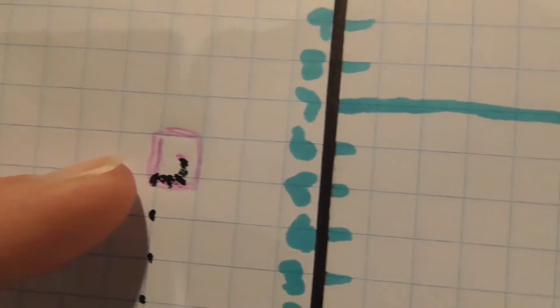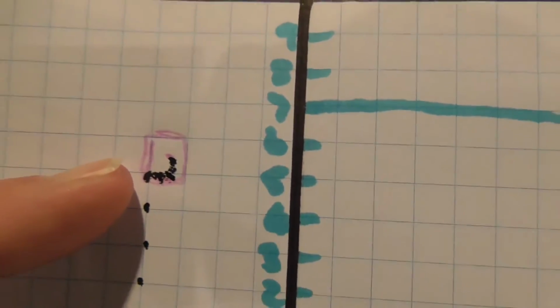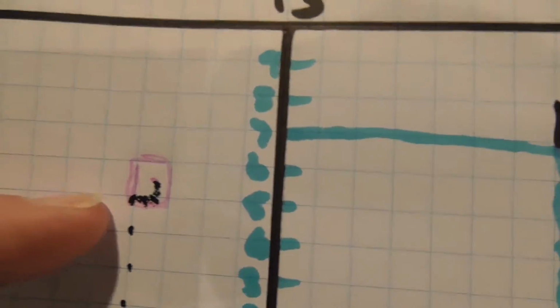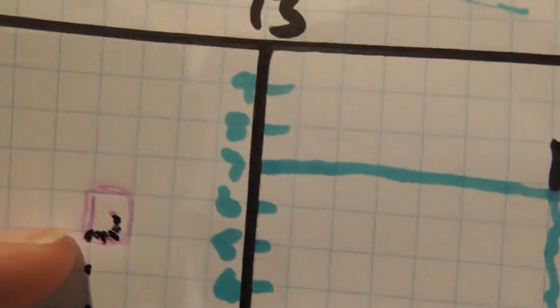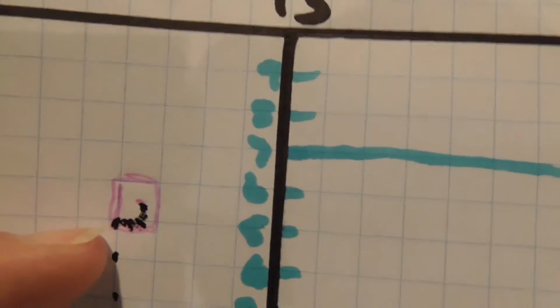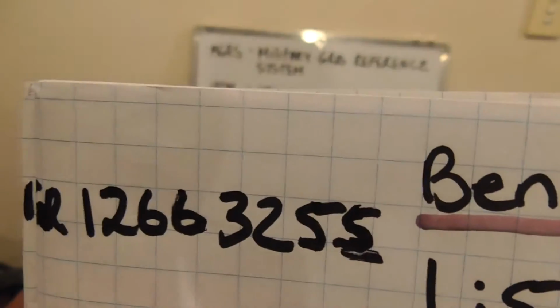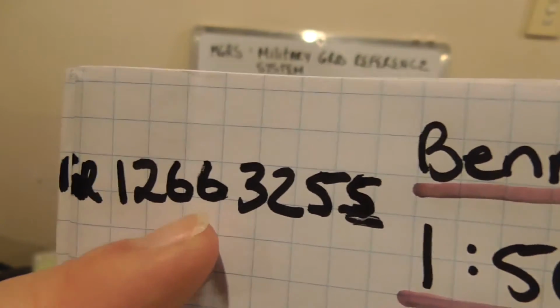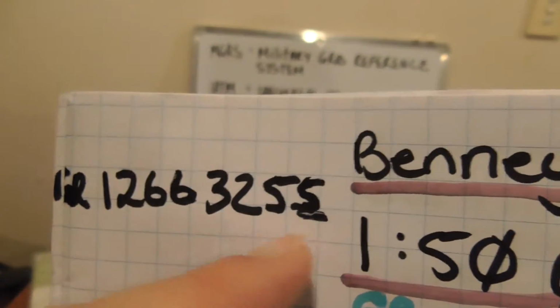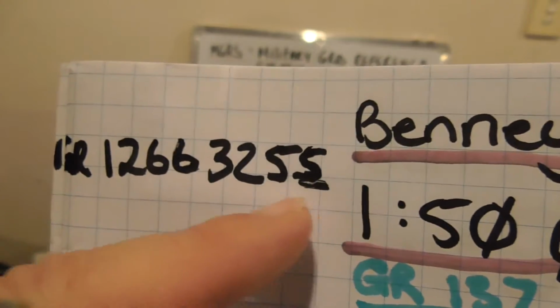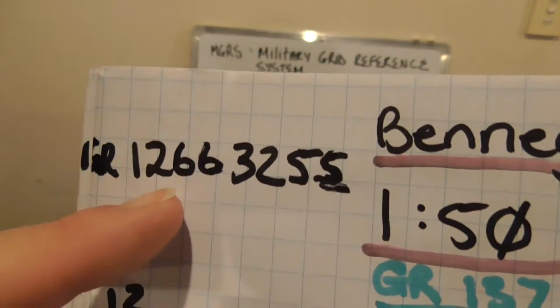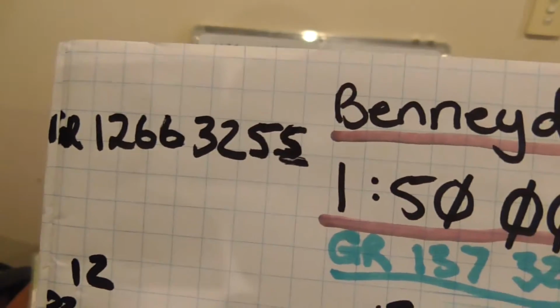So if you were going to hide a cache of ammunition or weapons or food, extra supplies or fuel or whatever, you might hide them in the ground or put them somewhere, and you would leave an 8-figure grid reference to that site, to that location, so that you would be able to find them very, very easily.